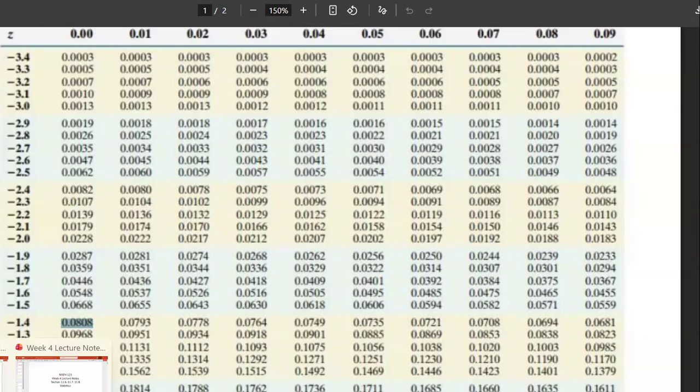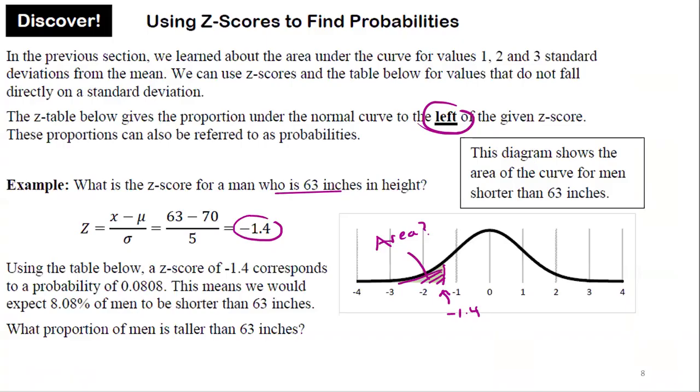so let me go back to here. Okay, so I'm going to say this. So you can have two answers here. You can write it as a decimal form, or you can write it as a percent. Okay, so decimal form, it says it's 0.0808.